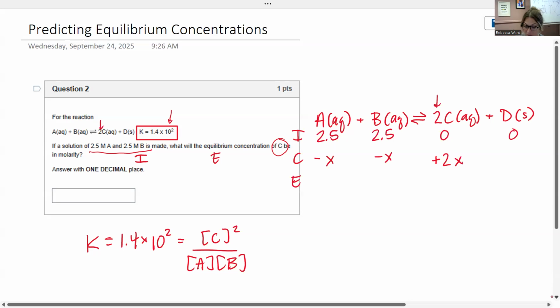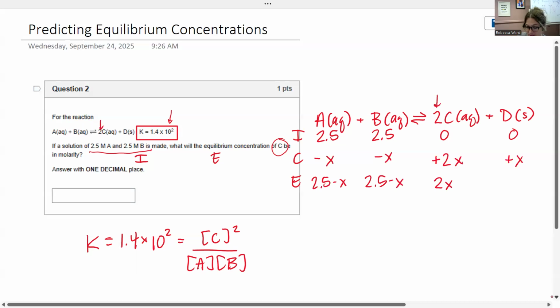Every time A and B combine, we make 2C's, okay? We are also making some D, but again, I am not going to incorporate that, so I'm usually not going to track it, okay? So I'm going to have 2.5 minus x, 2.5 minus x, and 2x.